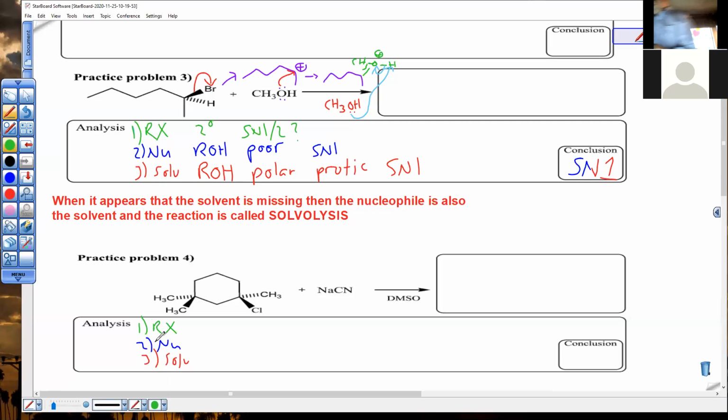Get my color scheme back here. We have the green for the carbons that used to have a leaving group. I reversed it with my nucleophile turning green. I'm sorry about that. Now it's blue. And if you write that down, you get 1 out of 2 points. Do you know why you get 1 out of 2 and not the full 2 points?